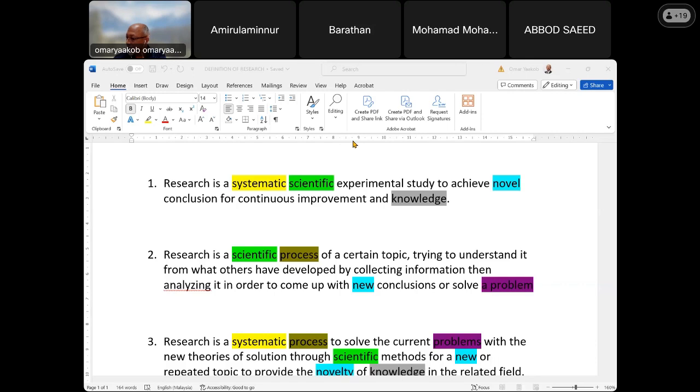For example, how can we differentiate between newspaper articles and our science article? So it has to be scientific. But what I disagree with is experimental. So you say that scientific means not newspaper writing. So what do you mean by scientific?